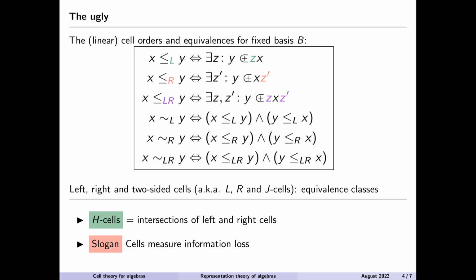So y is left lower than x. Those are basis elements. If I can find z such that y appears in the expression of z times x, that's x lower than y, right? Sorry? X lower than y.